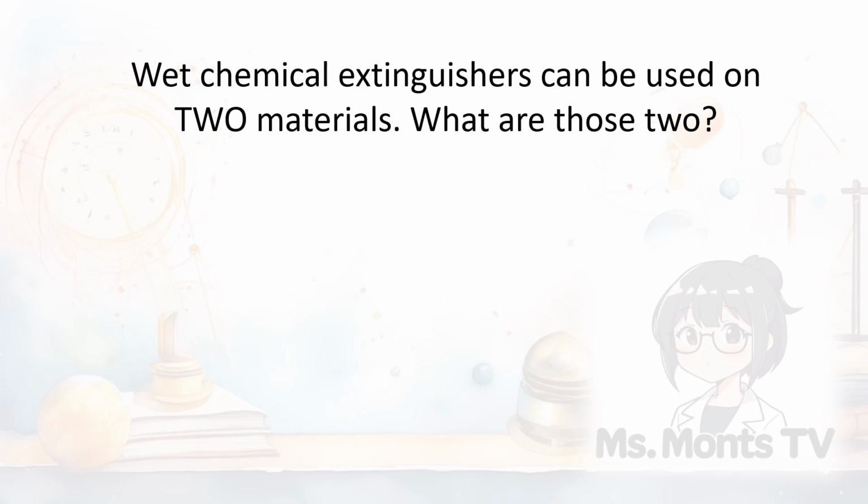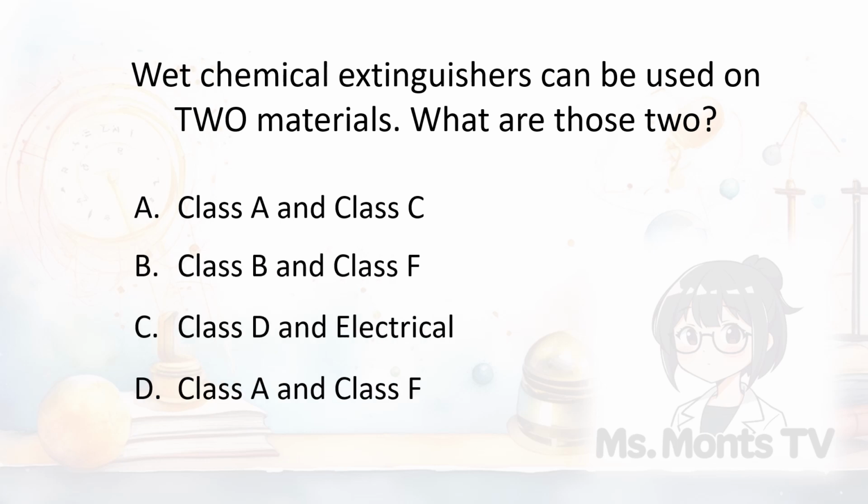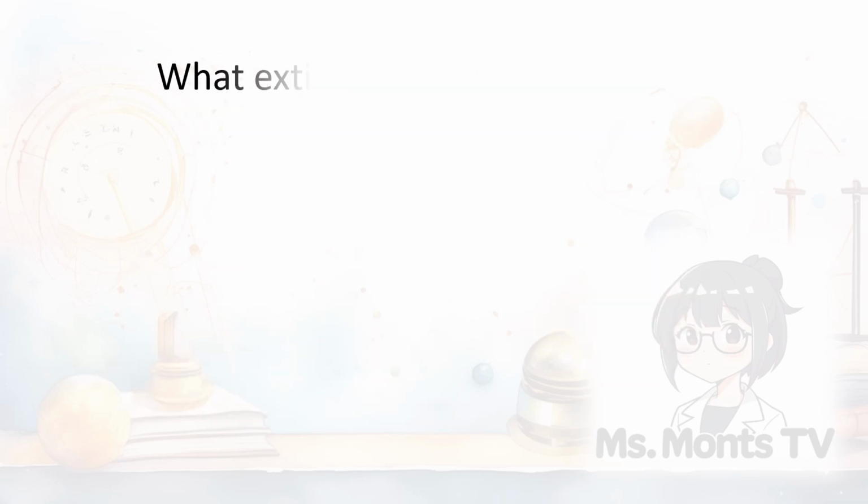What are these two? Class A and Class C, Class B and Class F, Class D and electrical, or Class A and Class F. Letter D, Class A and Class F.